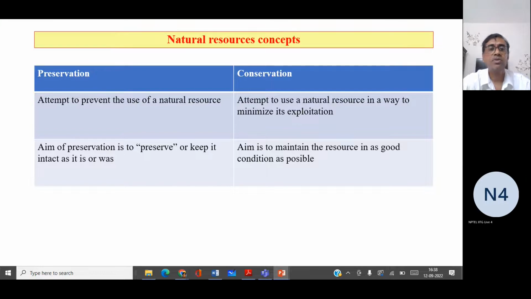In case of preservation, we keep the resource as intact as it is or it was. But in case of conservation, we try to maintain the resource in good condition as much as possible. So preservation is a little bit stricter way of maintaining your resource base. Conservation is that you maintain it in a proper manner so that you can still continue using it.